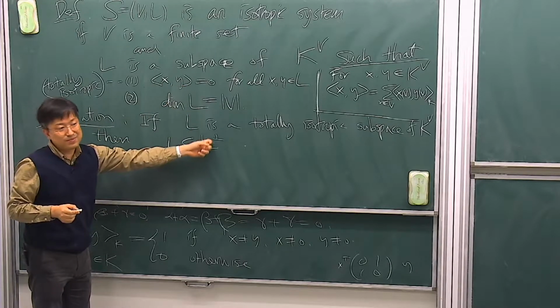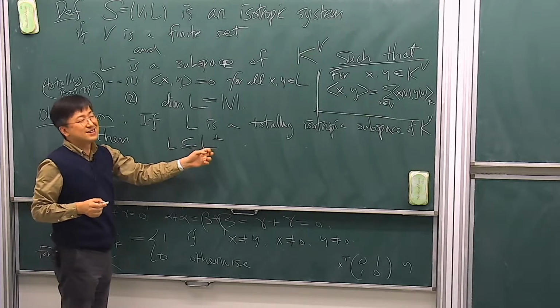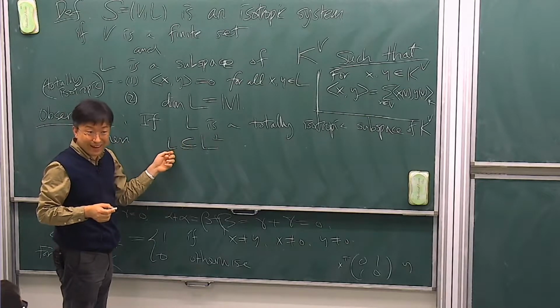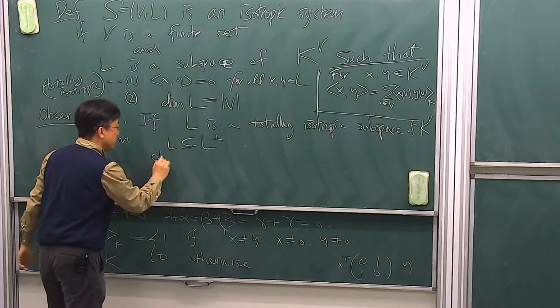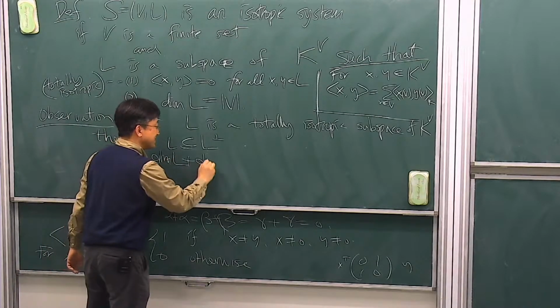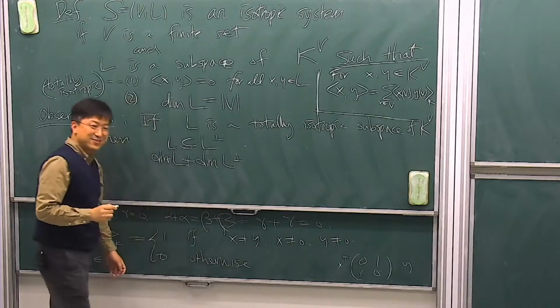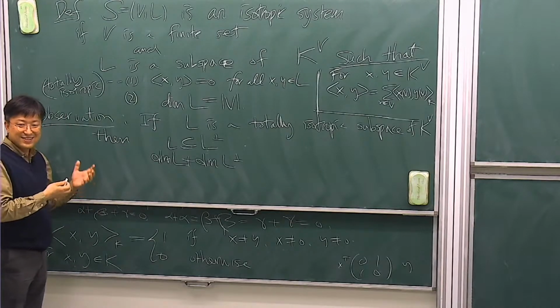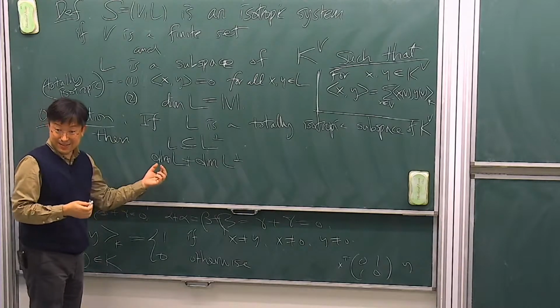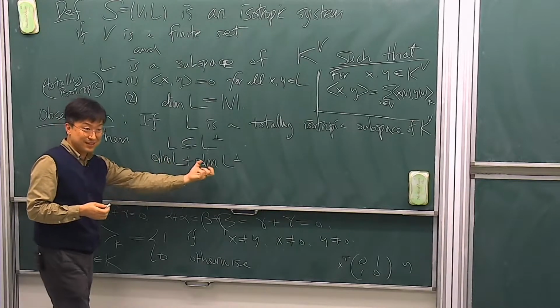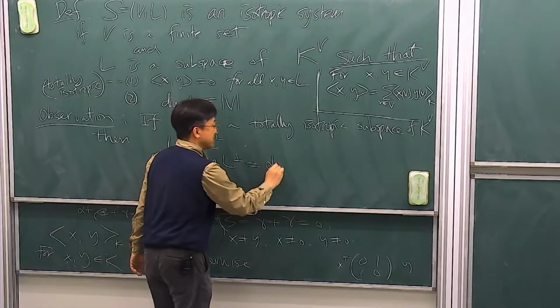So L perp contains all of L. And we know the dimension of L. So this is time to remind yourself of one key theorem in linear algebra: the dimension of L plus the dimension of L perp is equal to the dimension of the whole space.